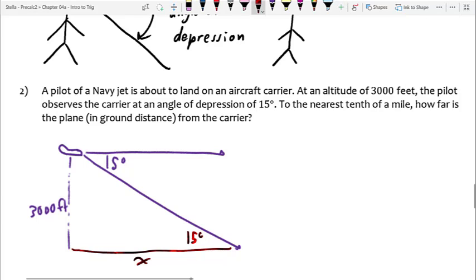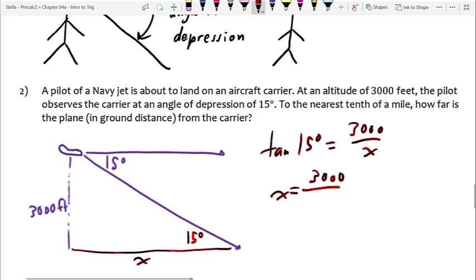So if that's also 15 degrees, then I once again can use the tangent of 15 degrees is equal to 3,000 over x. X would be equal to 3,000 over the tangent of 15 degrees, which is about, when you do it in your calculator, 11196 feet.